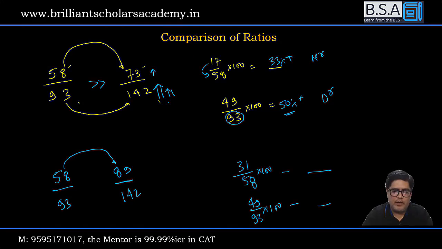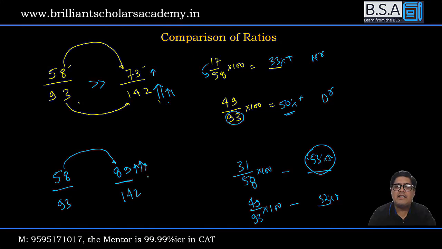The idea is to help you understand the same concept. 31 by 58. There's a 53% increase here. And in denominator, 49 by 93. There's a 52% increase. They're very close. But do you see numerator increases more? Numerator increases more than denominator. The value will go up.